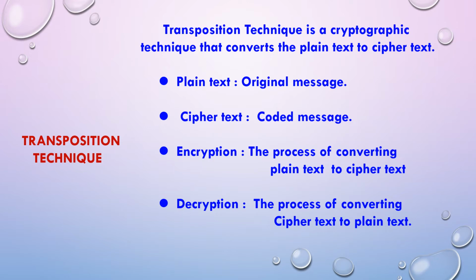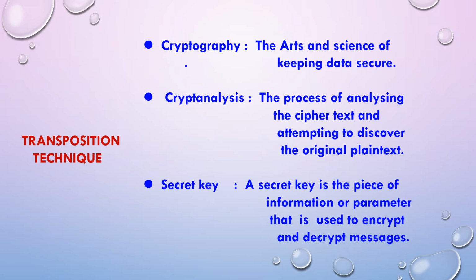The process of converting the ciphertext into plain text is called decryption. Here also the receiver has to use the key, then only can he decrypt the message. After decrypting the message, the receiver comes to know the original message.